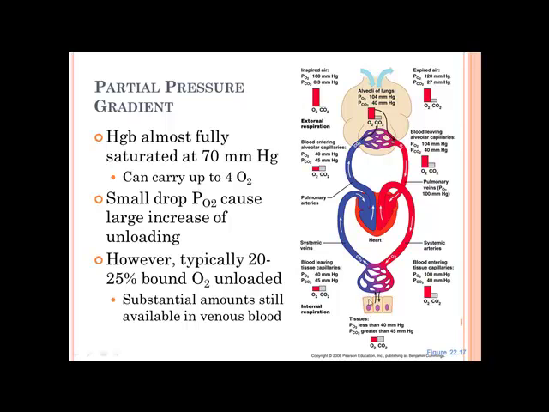Oxygen goes to the tissue. Tissue has high partial pressure of carbon dioxide, so that gets dumped off into the blood because partial pressure of carbon dioxide in the blood is only 40. Blood leaves the capillary bed. We're down to 40, the partial pressure of oxygen being 40, partial pressure of carbon dioxide being 45. We go back to the heart and we start this whole process over again.